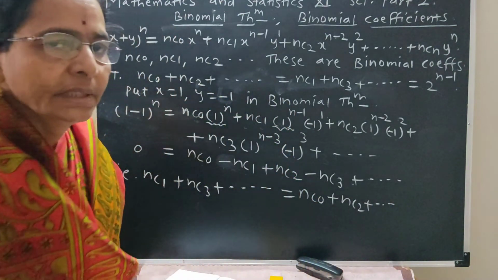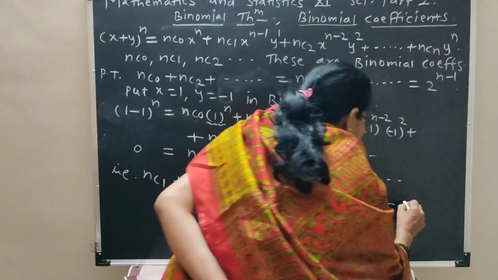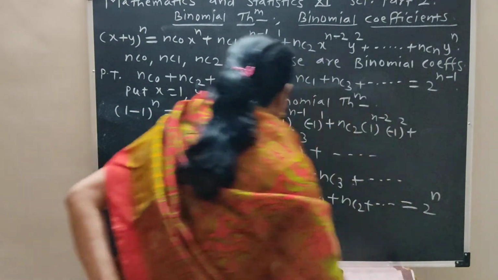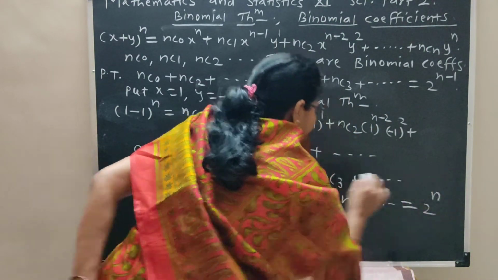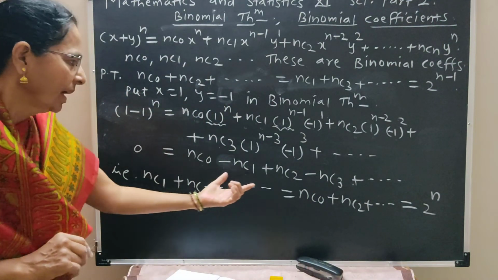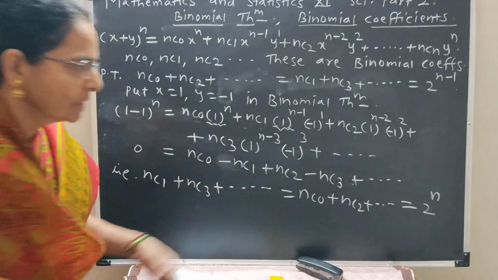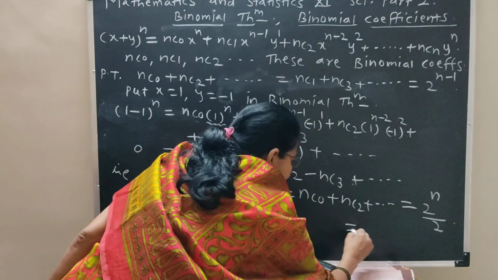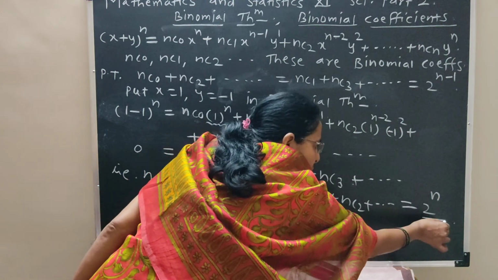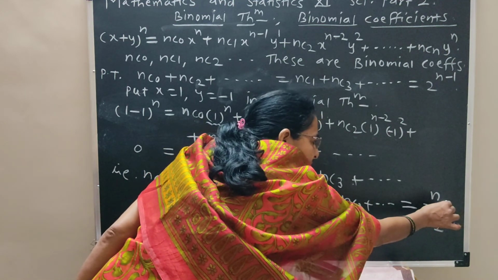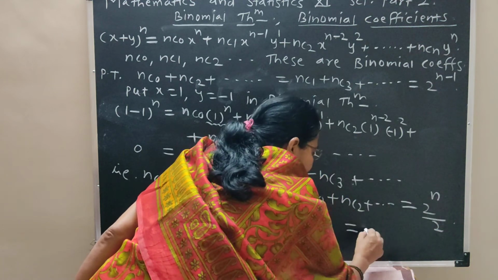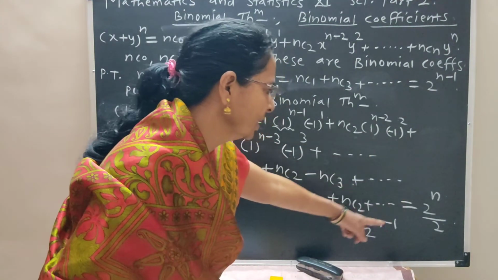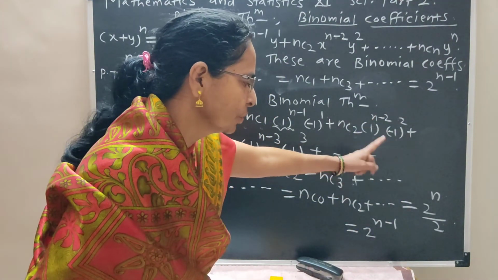Similarly, all the even terms are equal. The total sum was 2 raised to n, but here we separate odd and even, which are half, so divide by 2. 2 raised to n divided by 2 raised to 1 becomes 2 raised to n minus 1.